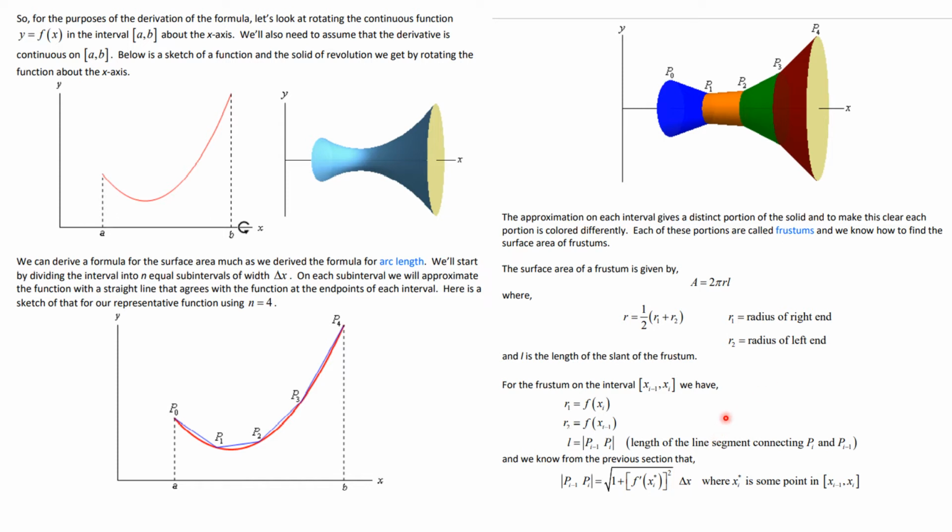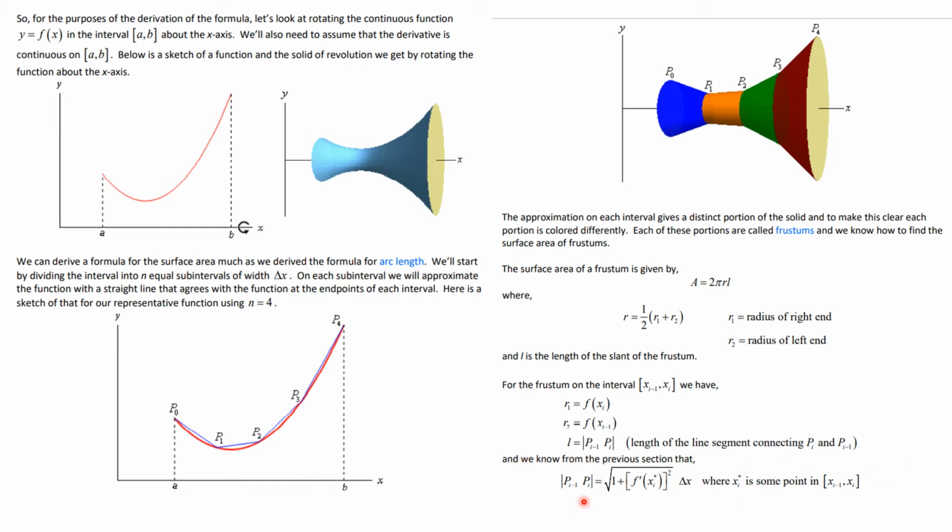Okay, so for the frustum on the interval going from x sub i minus 1 to x sub i, we have R1 is f of x sub i, and R2 is f of x sub i minus 1. Actually, those may be reversed, but anyway, we're going to be talking about the segment.